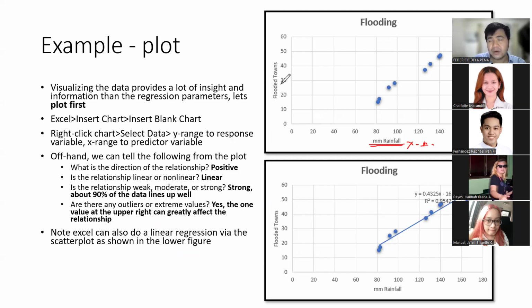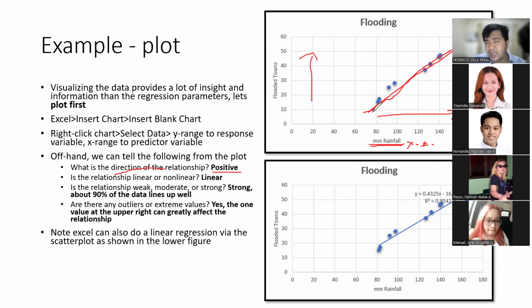Y is the number of flooded towns, right? And right from the plot here below, we can see that, again, you more or less have a positive relationship. The rainfall is increasing, the number of flooded towns is also increasing. So that's a positive relationship.